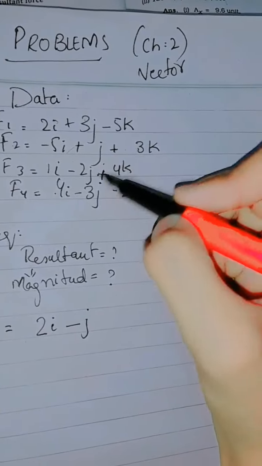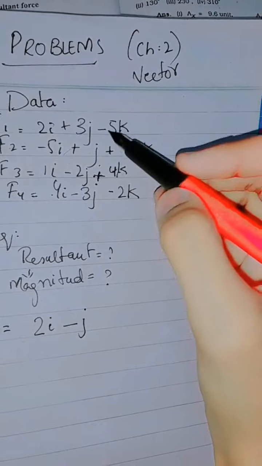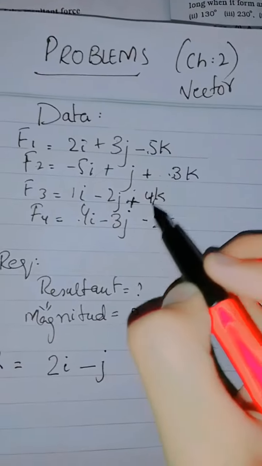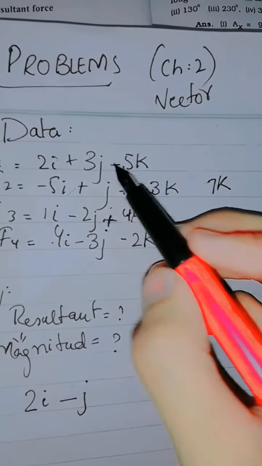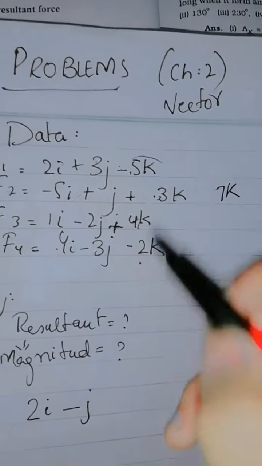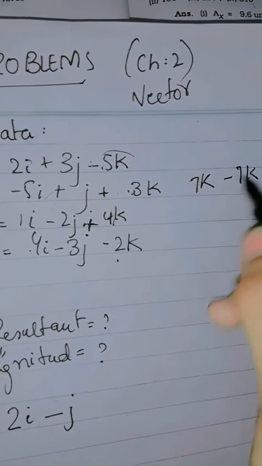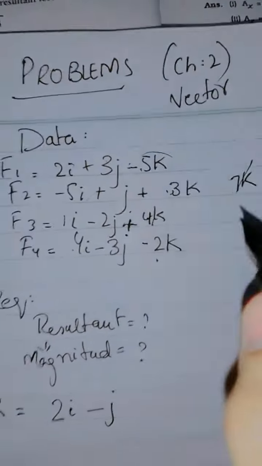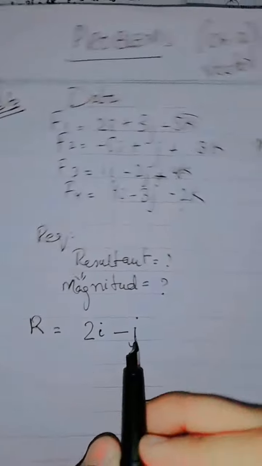First of all adding 3 and 4, we get 7k, and adding 5 and minus 2 gives minus 7k. So plus 7k minus 7k cancel, so there will be 0k. We are not writing it, so the resultant is basically 2i minus j.